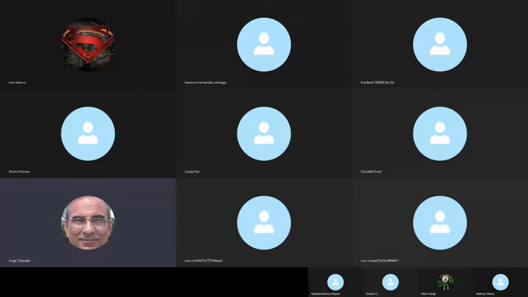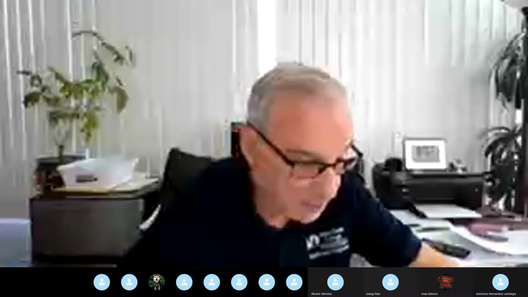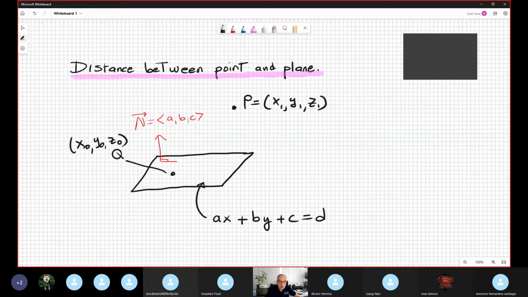Now I can find a vector between the two points. When you have two points, we can find the vector. Suppose in that direction, so the direction is QP, because QP is the arrow, no? It's a vector.